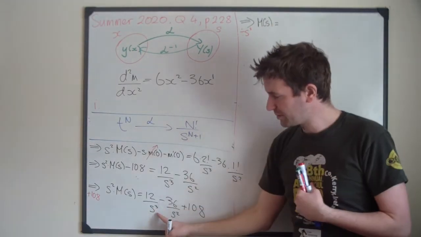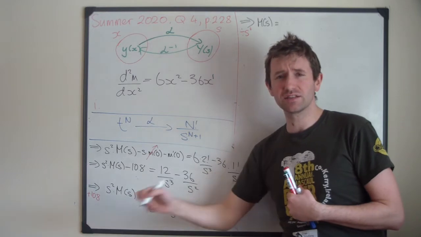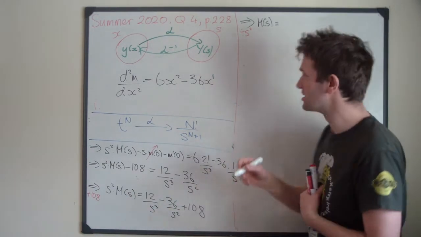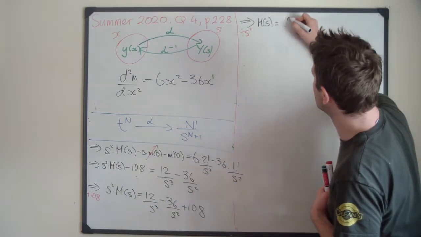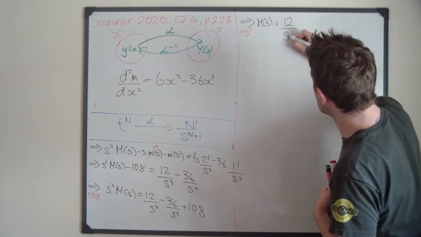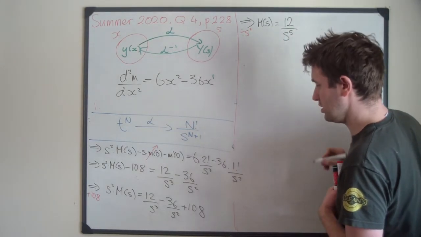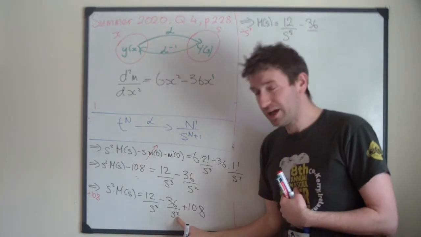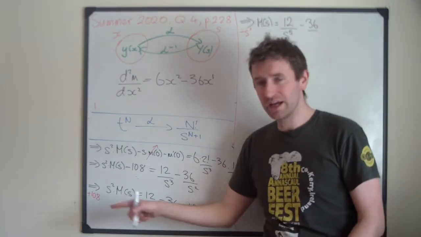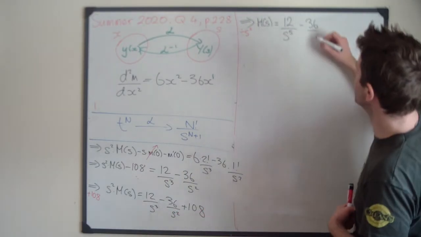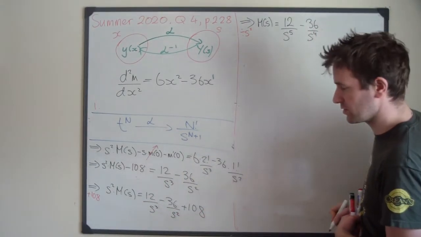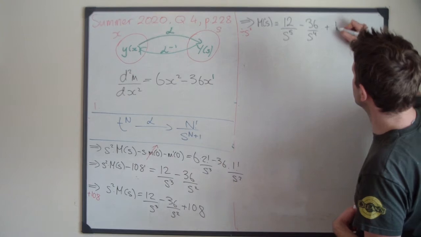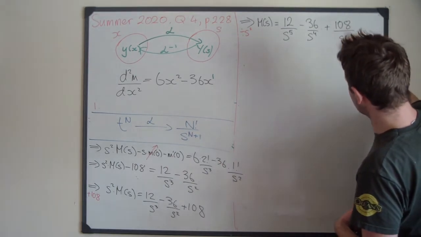So 12 divided by s cubed and divided by s 2 more times, it's divided by s 5 times. Minus 36 divided by s squared twice, and now divided by s squared twice more, it'll be divided by s 4 times. And finally the easy one, 108 over s squared.